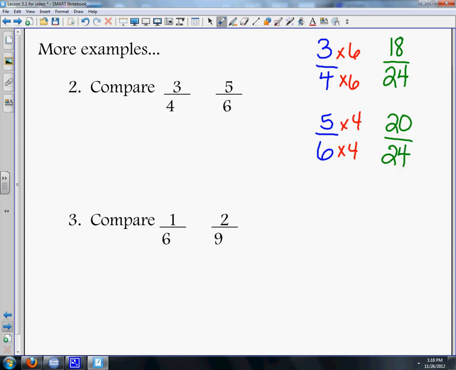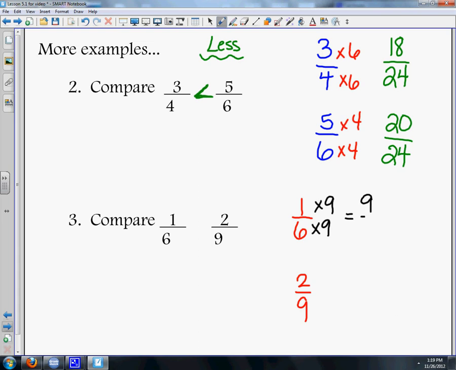So I know that 3/4 is less than 5/6. Now remember, it's less than, so that looks like an L. If you remember that, less than looks like an L. So 1/6 and 2/9. So I have to have a common denominator.